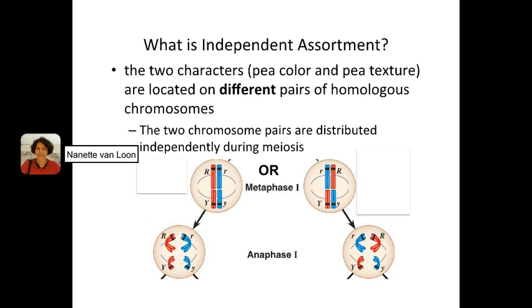What makes independent assortment possible is the fact that genes that control different characters, in this case the color of the pea and the texture of the pea, are located on different chromosomes so that they can separate independently from each other.